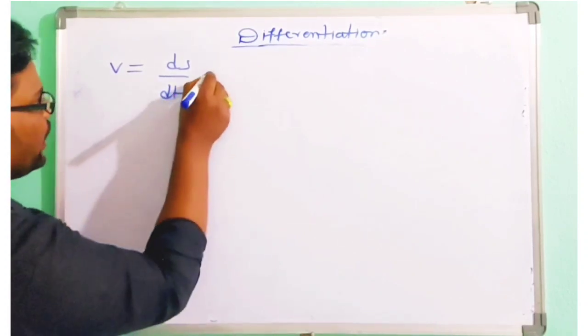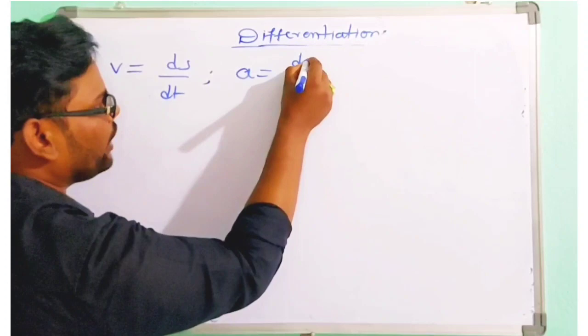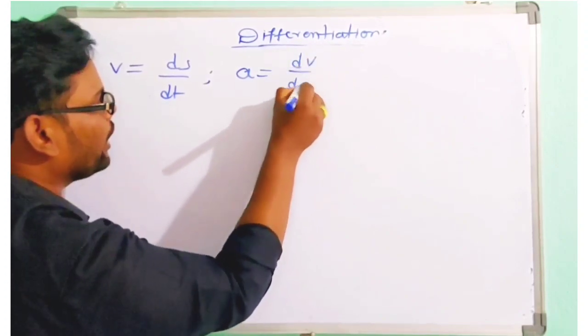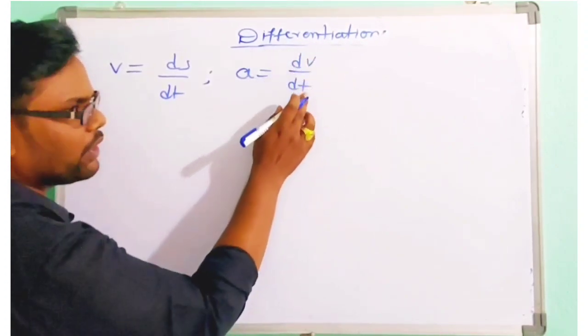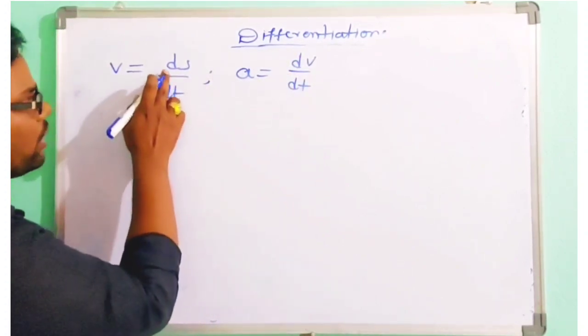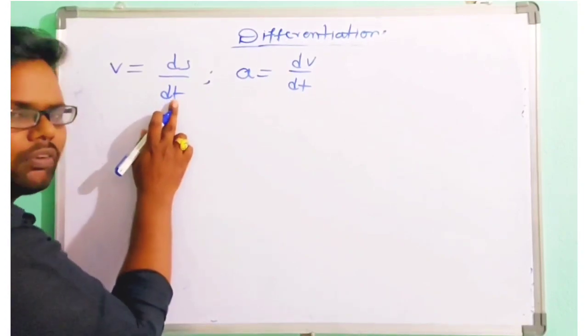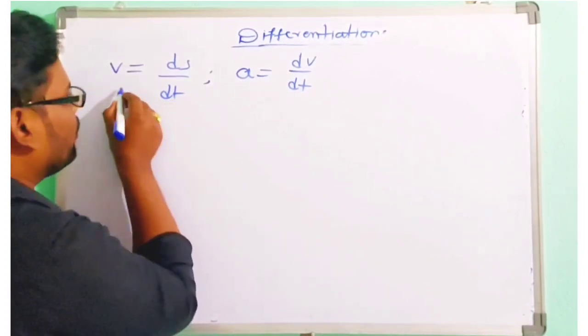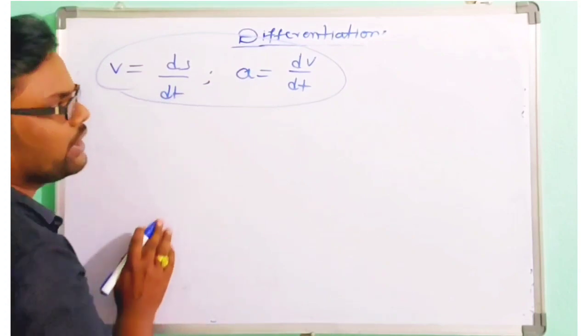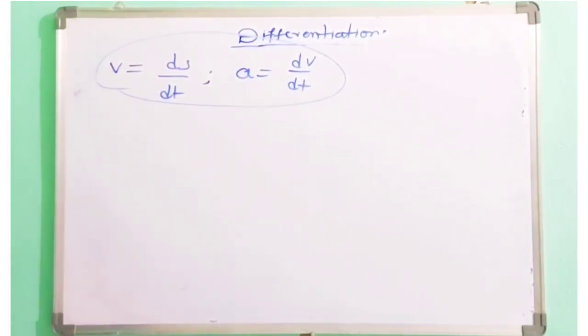And next is acceleration, which equals dv by dt, the derivative of v with respect to t, or rate of change of v with respect to t. So that is the meaning of this, which gives us an instantaneous value, right?